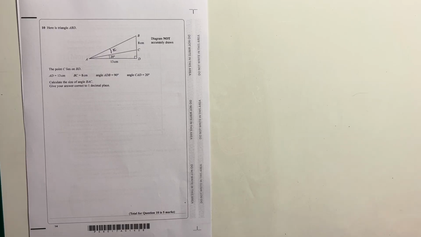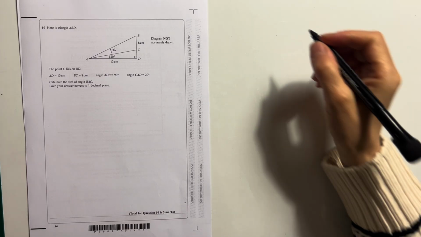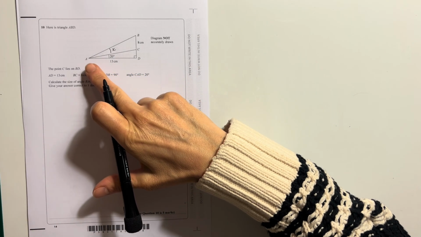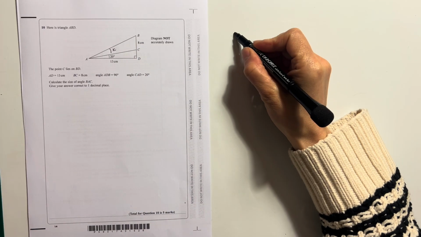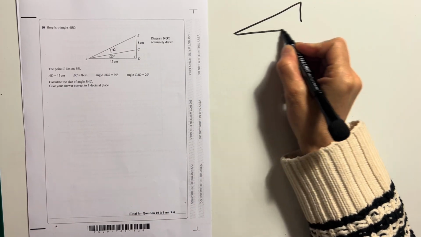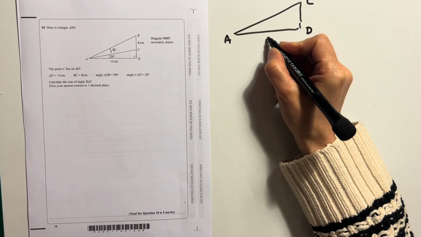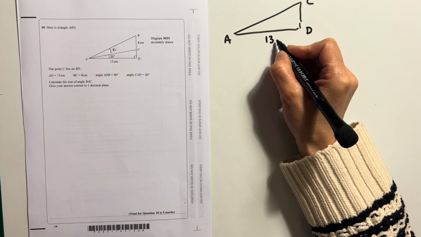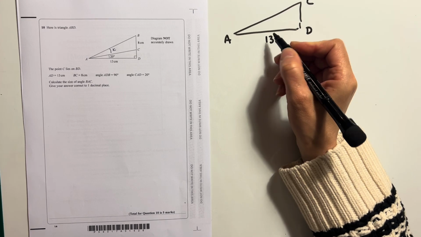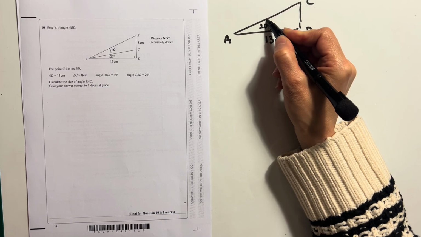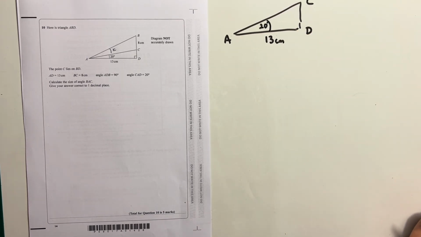Okay, so to answer this question, the first thing we're going to do is look at the triangle ACD. We know that this length is 13 centimetres and we've got an angle of 20 degrees and it's a right angle.